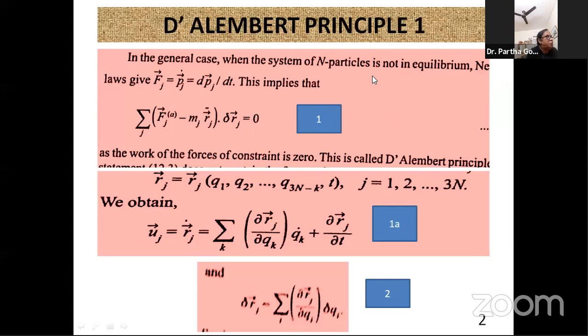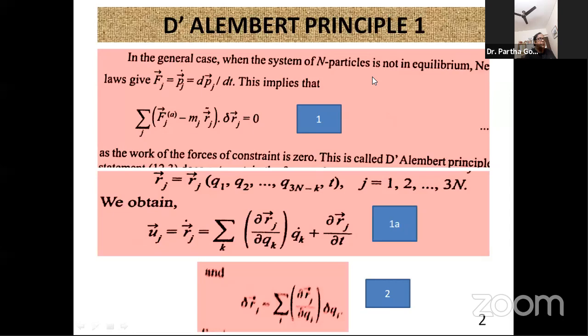I should have used the index lambda, sigma, or any such thing, and that lambda, sigma spans over the number of independent coordinates 1, 2, 3, 4, and so on up to 3n minus k, where k is the number of constraint equations which are imposed on the system of n particles. Am I clear now? Yes.